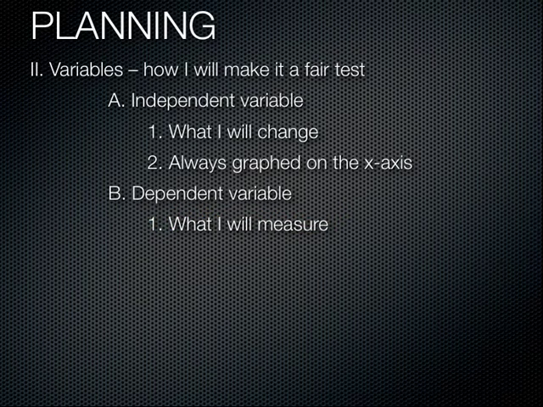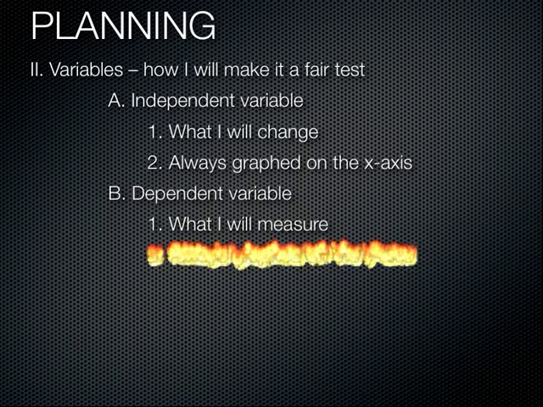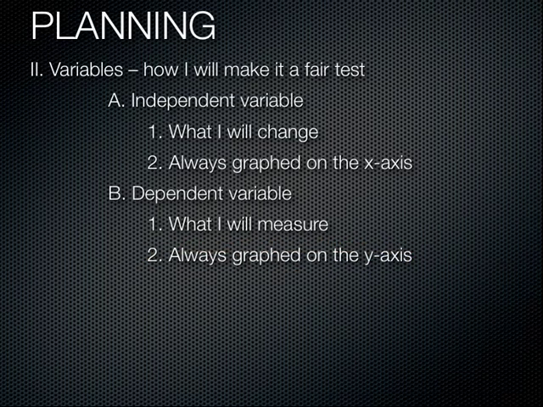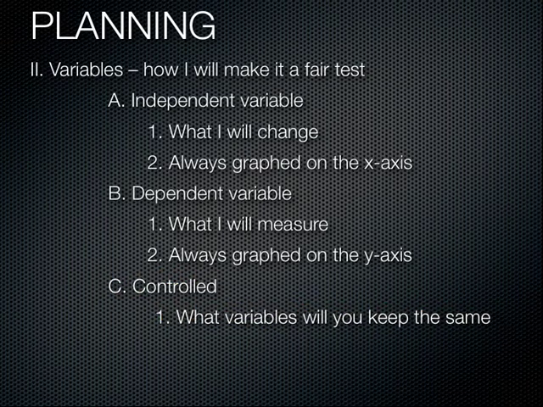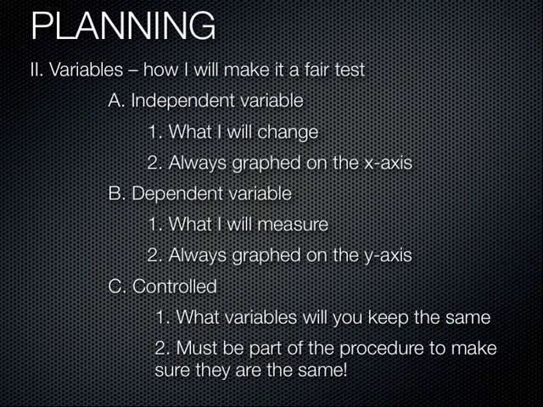You're trying to see how it is related and linked to the independent variable that you changed, and it always goes on the y-axis. We also have what are called controlled variables, and those controlled variables are the ones that you want to make sure they are staying the same, not things that are changing when they shouldn't be. And in order to make sure you control them, you must put it into the procedure somewhere how you're going to make sure they're the same.